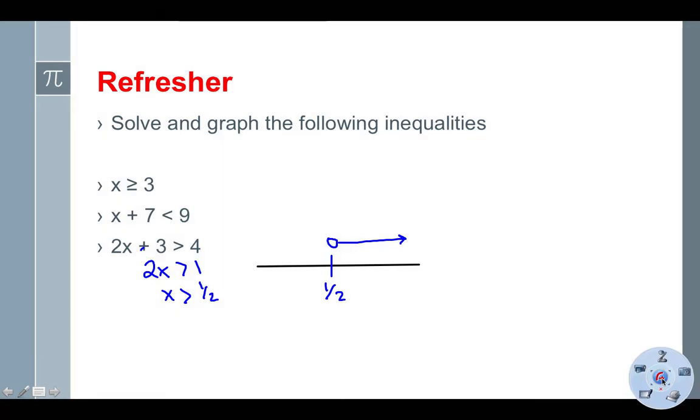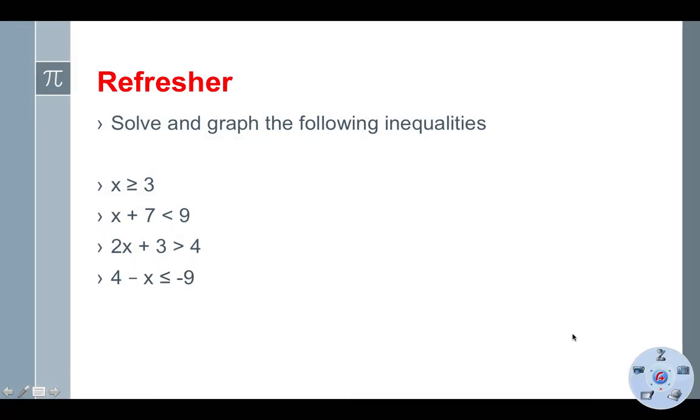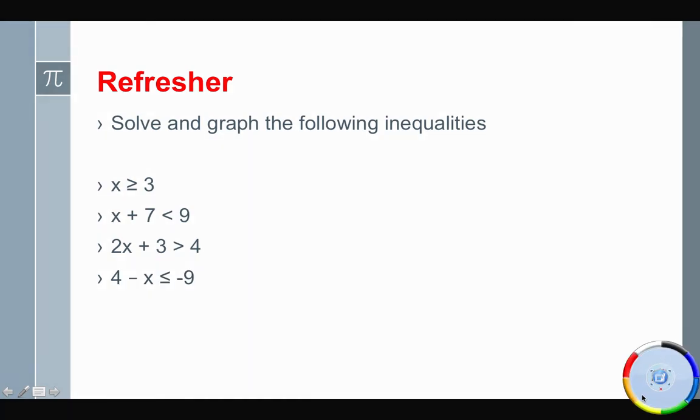Now, there are some rules when you solve inequalities of this type. One of those rules comes in a statement like this. If we were to try and solve this inequality, we would subtract 4 from both sides, and we'd get minus x is less than or equal to negative 13, because negative 9 minus 4 is negative 13.